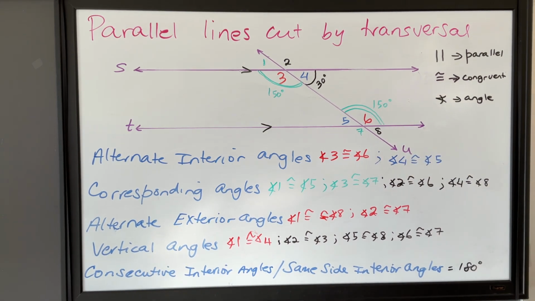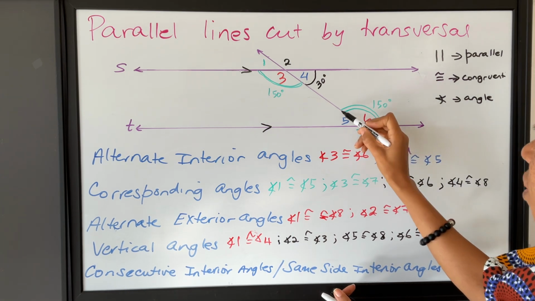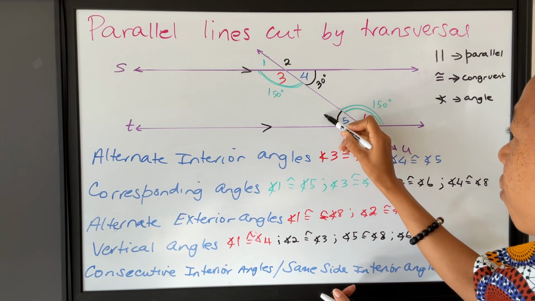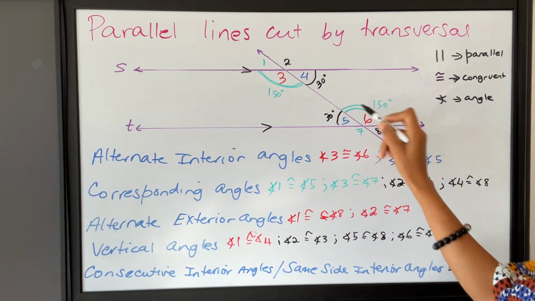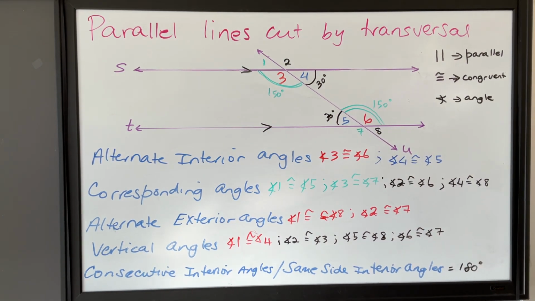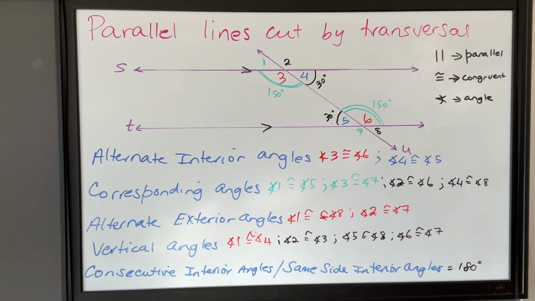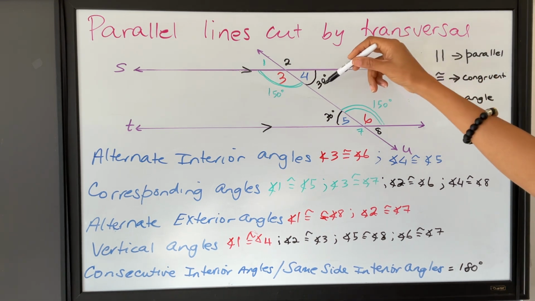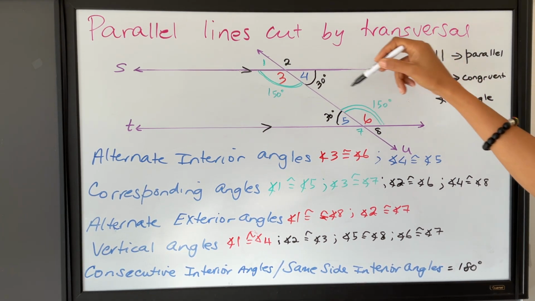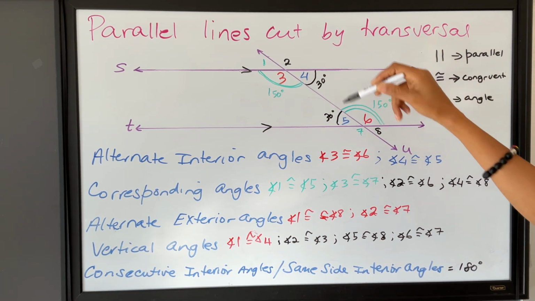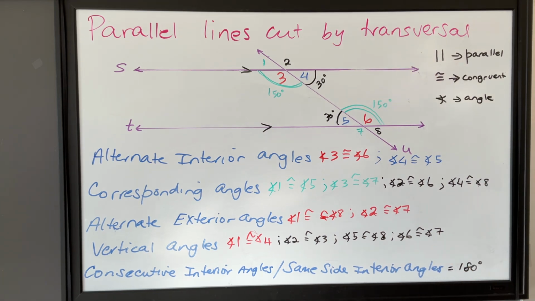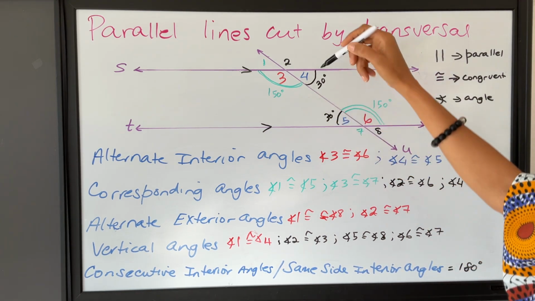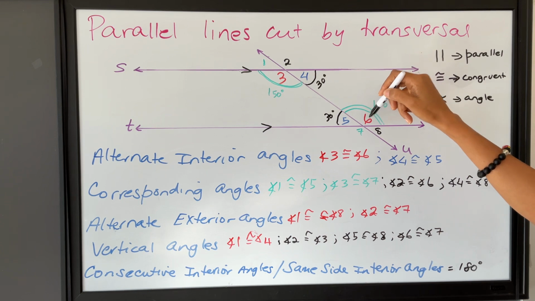All right, and we can then also say that the measure of angle 5 will be 30 degrees. Now, that also adds up to 180 degrees because it's the angles on a straight line. If you notice here, 30 plus 150 is going to give you 180. So then we can state that consecutive interior angles are angle 4 plus angle 6.